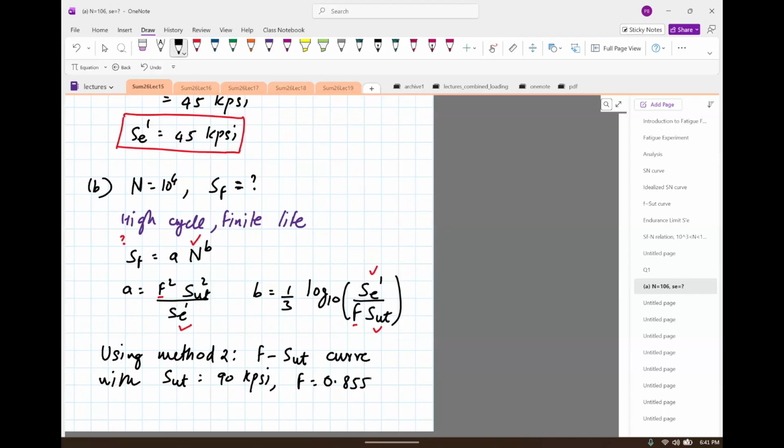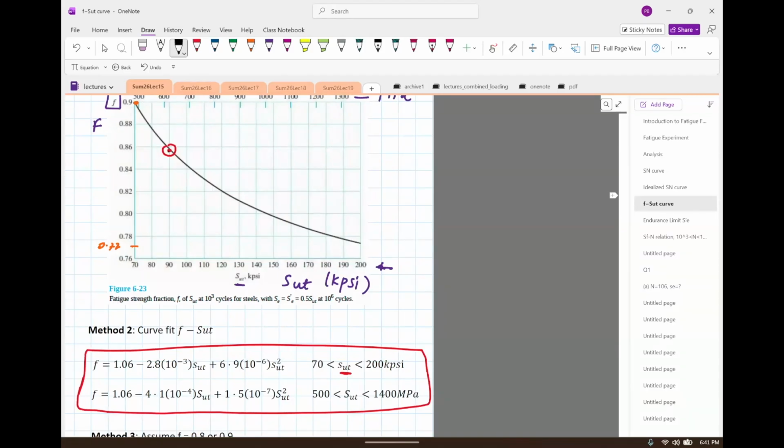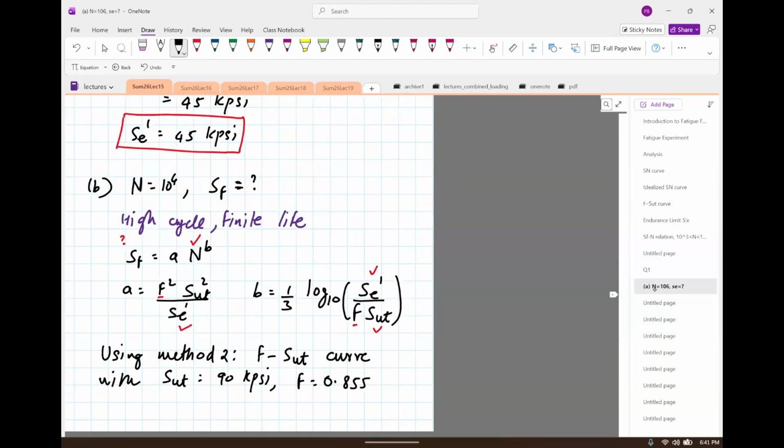And you can see that's so close to what we see from just ballpark. It's about close to 0.86, right? 0.855 is very close. So looks like we have the right value. At least we verified with the curve. So that's what you get.